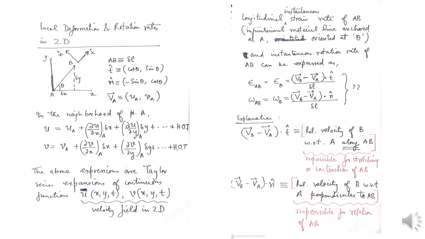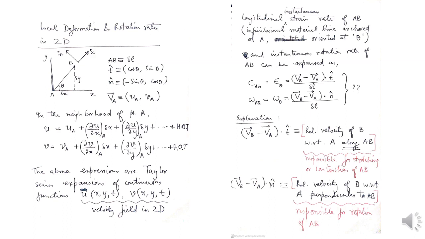Since we are talking in two dimensions, we have two Cartesian coordinates x and y that help us to analyze the material line portion AB, just to localize the deformation and rotation rates. In the sense of calculus, we take it to be infinitesimal.